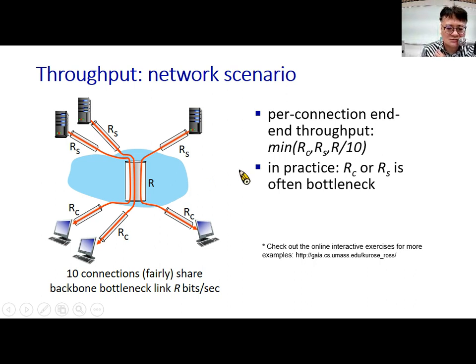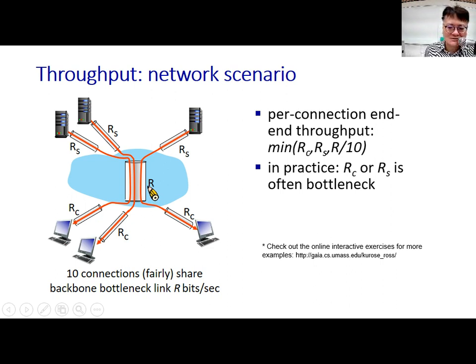So based on the per-connection end-to-end throughput, the minimum of Rc, Rs, and R/10 should be the throughput.